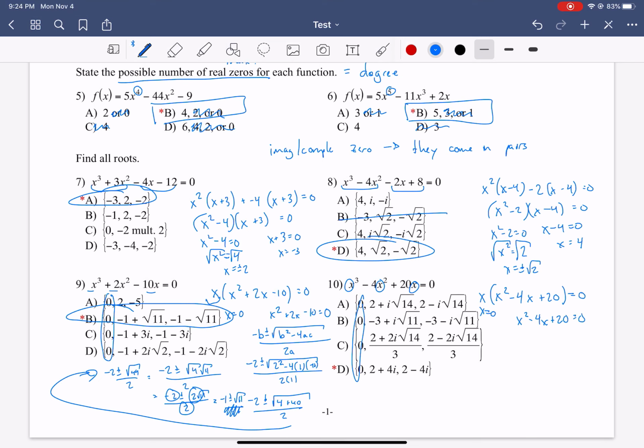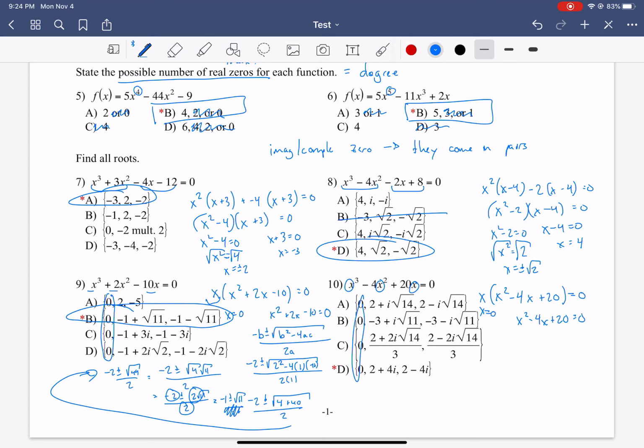Again, thinking of factors that add up to negative 4 but multiply up to 20, there's nothing, so we have to use our quadratic formula. So we do x is equal to negative b plus or minus the square root of b squared minus 4ac all over 2a.